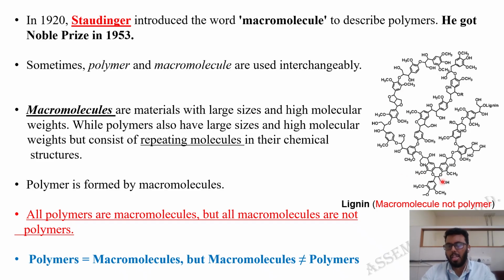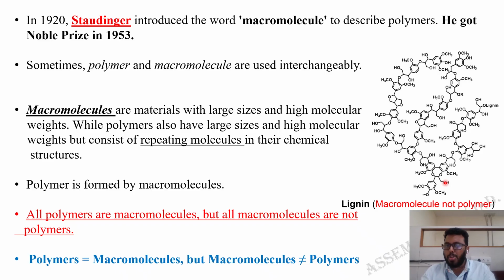Like if you see a tree, there will be a lot of branches, no? Like that, if you see a parent one, then this is branching out extensively to form large branches that look like a macromolecule. In simple terms, we can say a plant and a tree.